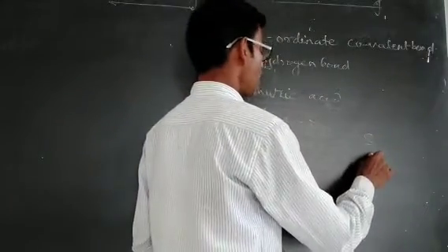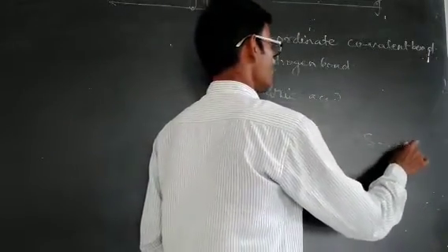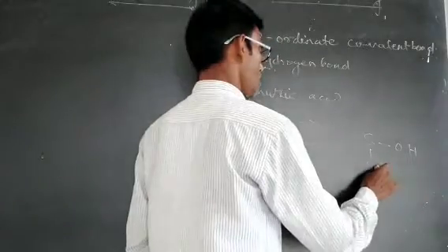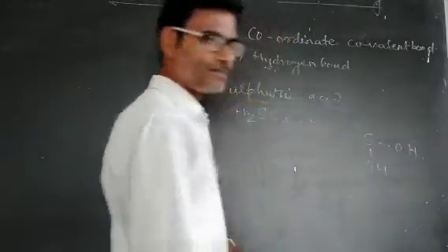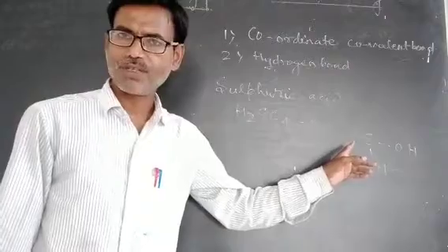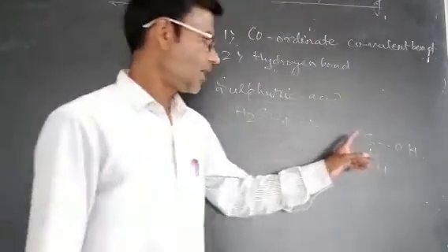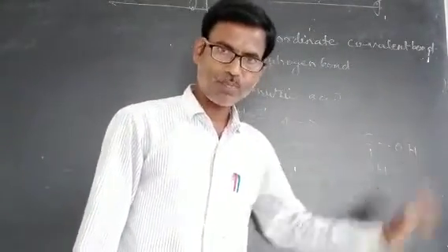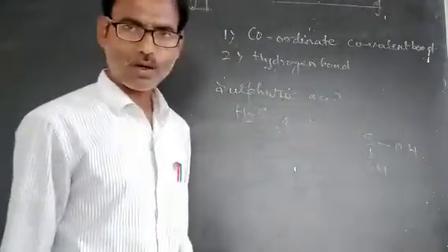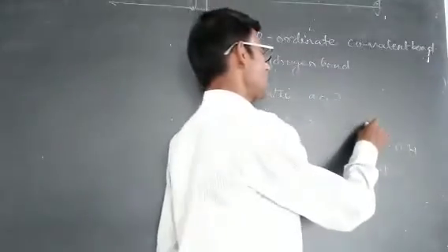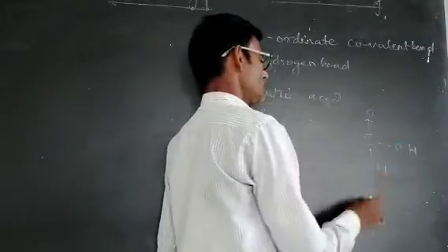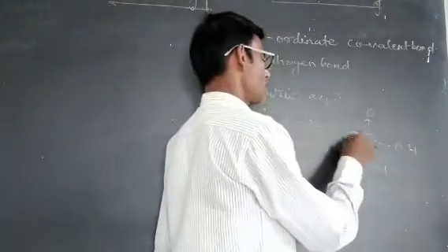With central atom sulfur, hydrogen atoms are attached in the form of OH radical. Two hydrogen atoms are attached to the central atom sulfur in the form of hydroxyl group, and the other two oxygen atoms are attached to sulfur by coordinate covalent bond.